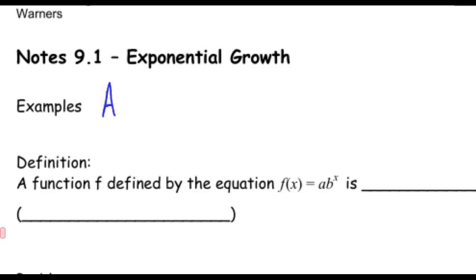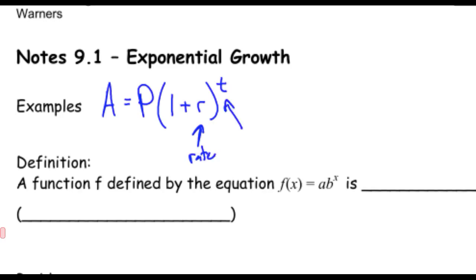That formula about the amount that you would have if you started with a principal and allowed it to grow at a certain rate for a certain amount of time, the interest formula, where time was our independent variable, the more we left it alone, the bigger the amount that we had.